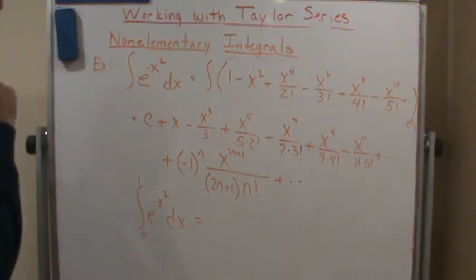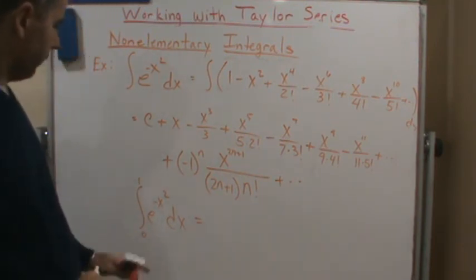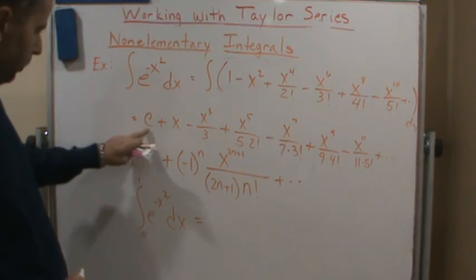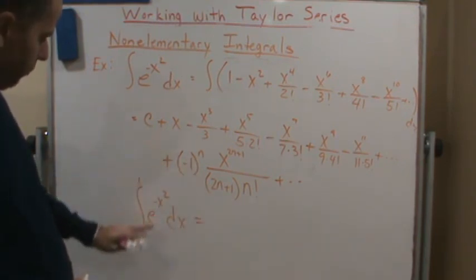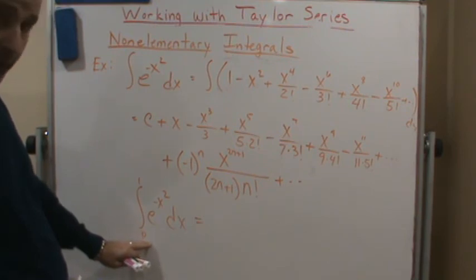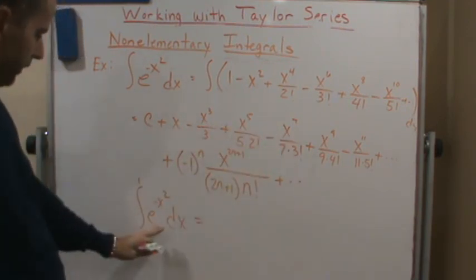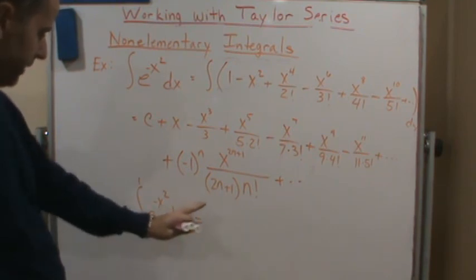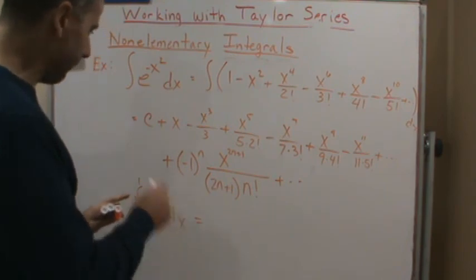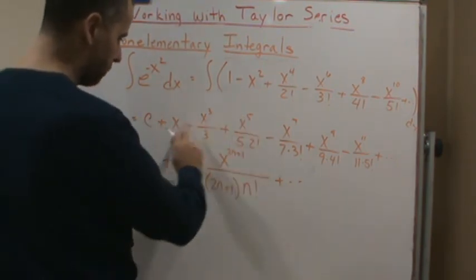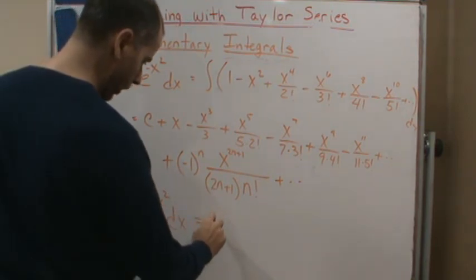Well, the cool thing is for a definite integral, we're not going to have the c. The c goes away. And so when evaluated at 0, this whole thing goes to 0. So the only thing we really have to evaluate is at 1.